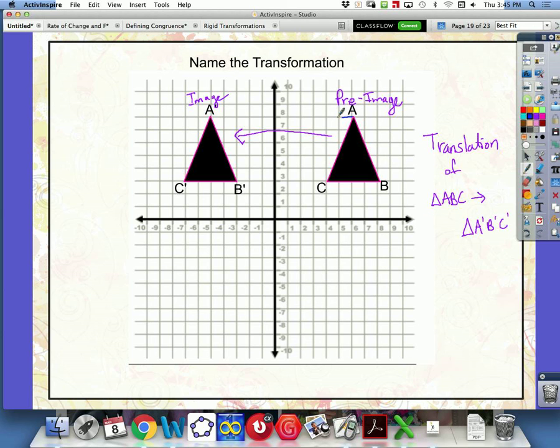we would technically say that this translated to the left 1, 2, 3, 4, 5, 6, 7, 8, 9, 10, 11 units.